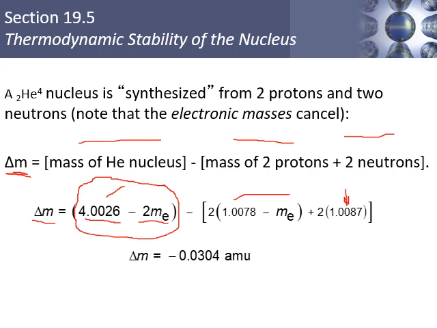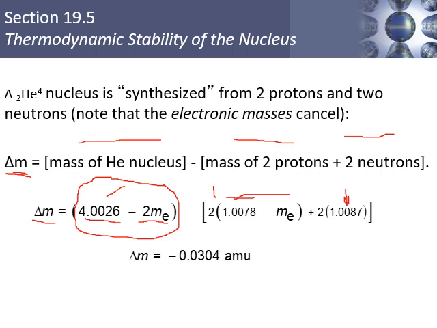But for the proton, if we write it this way instead of just writing in what it is, we write the mass of the atom, which is 1.0078. Again, look at the chart, and then write it minus the mass of an electron and leave it written that way. Multiply it by 2, because you're going to wind up with a mass of 2 protons anyway, because if you take an electron away from a hydrogen atom, you have only a proton left.